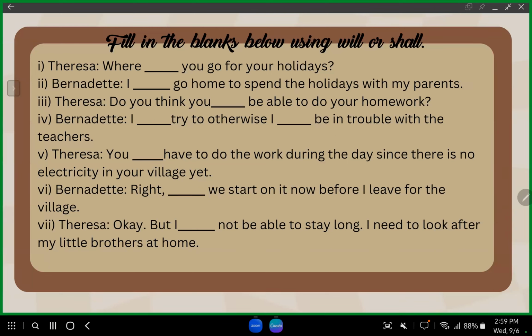So who is going to be Teresa and who is going to be Bernadette? I'll be there. Okay, you can start. Teresa, where will you go for your holiday? Is there anybody who is doing Bernadette's part?